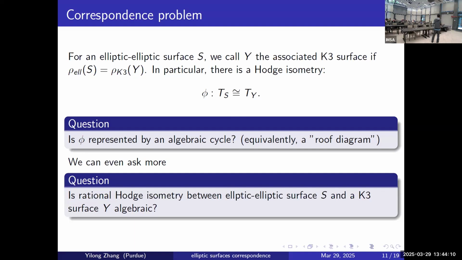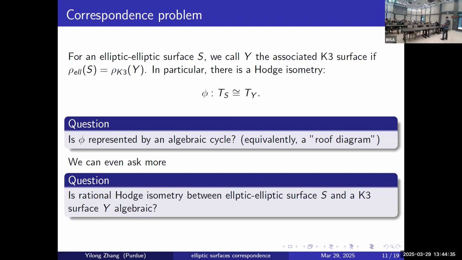Another way to put that, can you find this morphism on the Hodge structure geometrically in terms of a cycle, which you want to look for as a Hodge class? One can even ask something more, like, can you say anything about a rational Hodge isometry between the elliptic surface and the K3 surface?